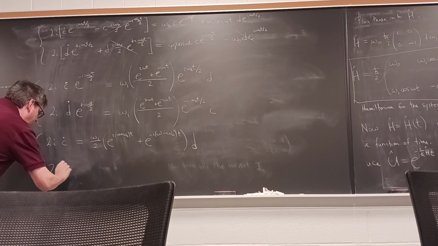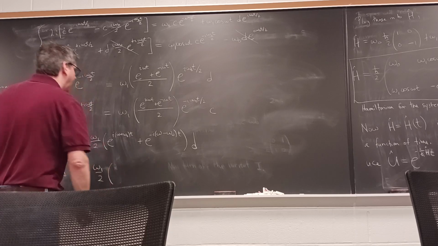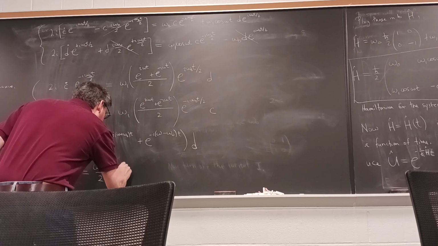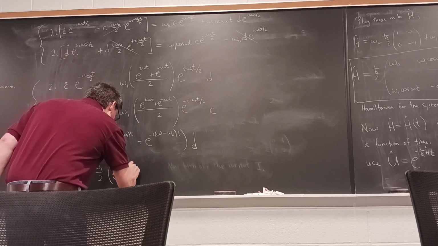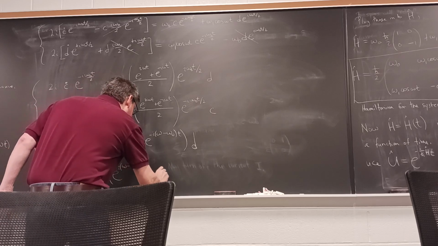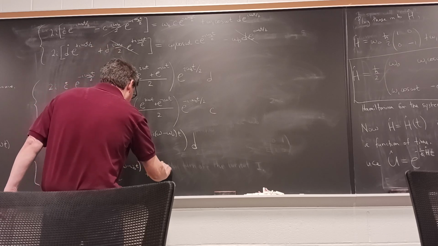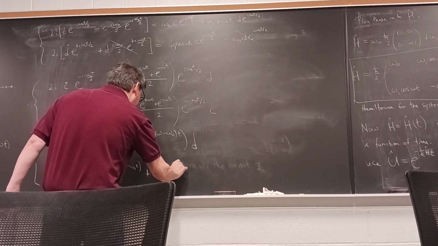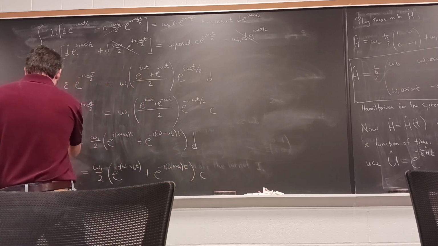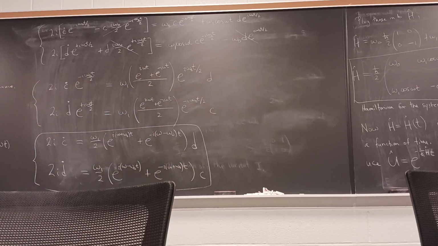And then the bottom equation will be e to the i (omega minus omega 0) plus e to the minus i (omega plus omega 0) t times c. Okay, so we have those equations finally.